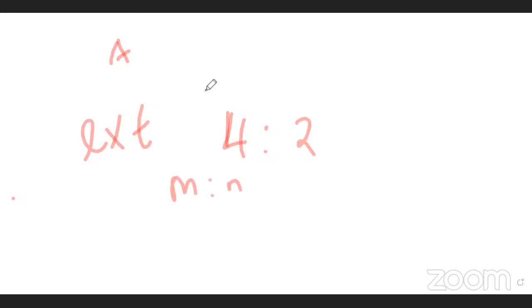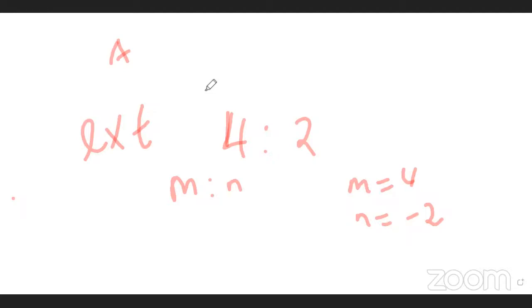For example, if you're given that some vector has been divided externally in the ratio, let's say 4:2, your M is to N will be what? The M will be 4, while N will be -2.